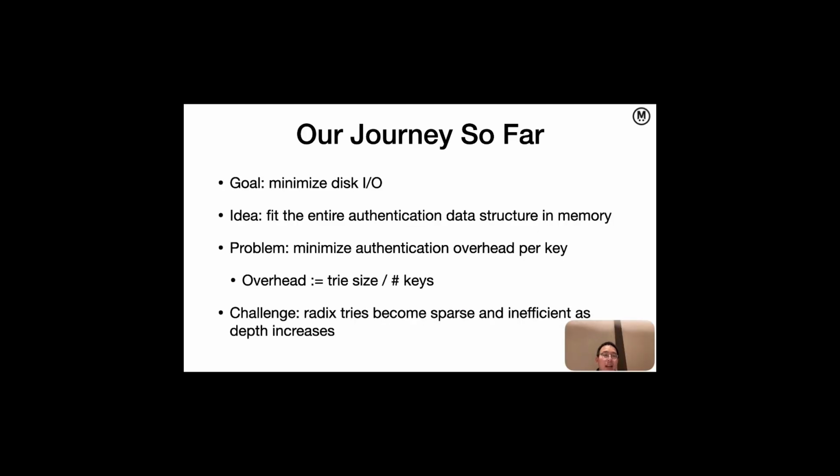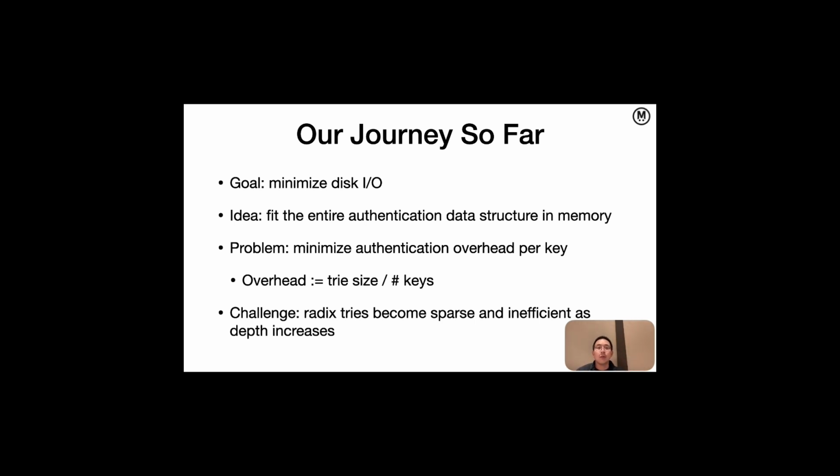Okay, so at this point, let's do a quick review of what we have learned, right? We started by wanting to minimize the disk I/O doing state merkleization, and our idea is to sidestep this random disk I/O altogether by just storing the entire data structure in memory. But then we hit a problem, which is to minimize the amount of space taken by the data structure, so that you can fit a lot of key-value pairs into the finite amount of memory you have.